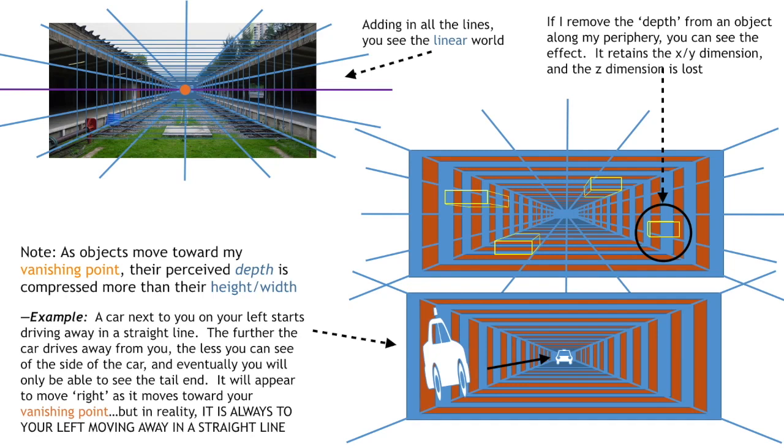Also, it will always appear to move to your right, even though it started out to your left, because it's moving towards your vanishing point. But in reality, it's always to your left, moving in a straight line away from you, but it will appear to be moving towards your right, or towards your center of view.